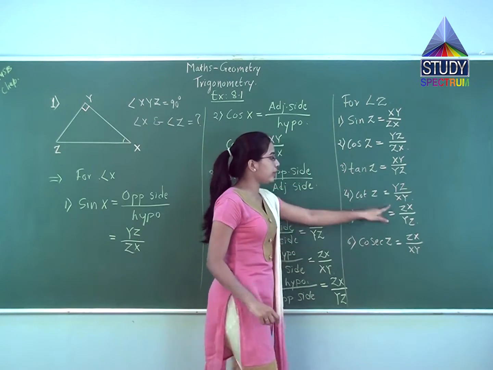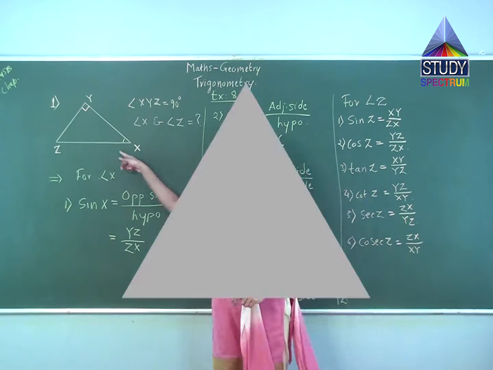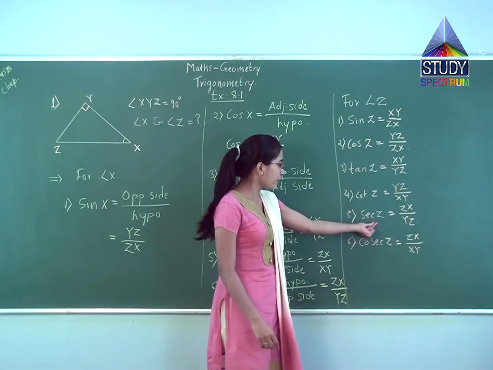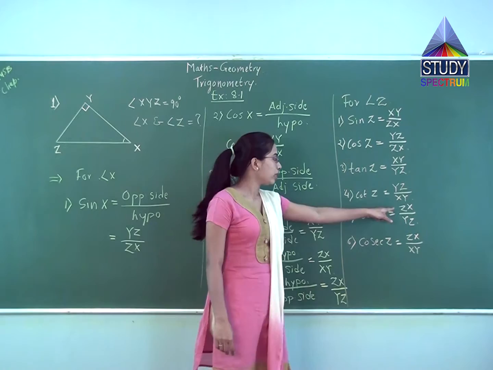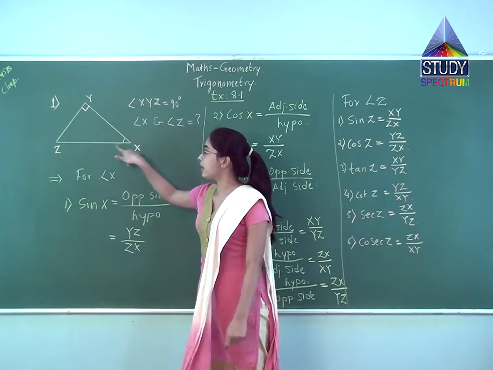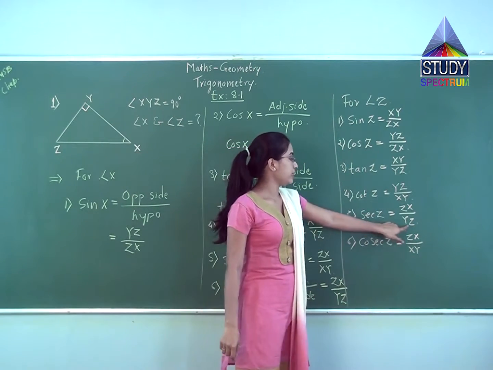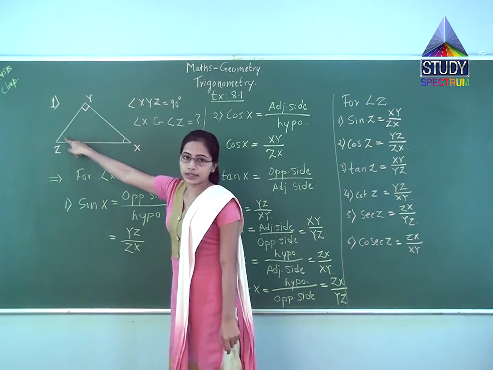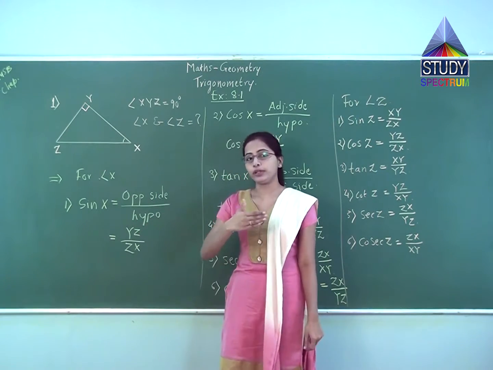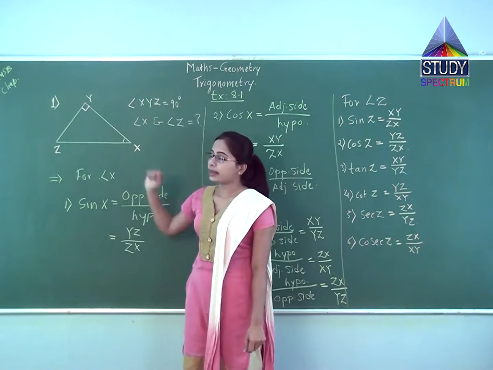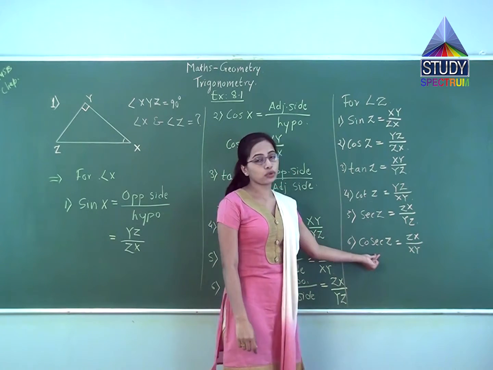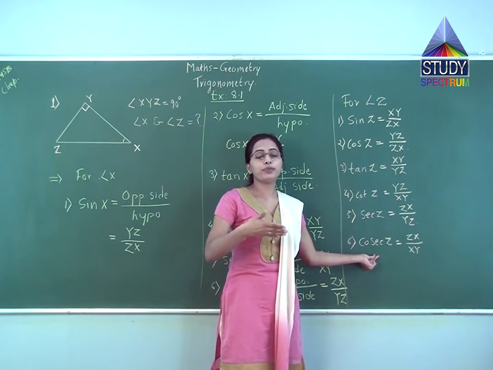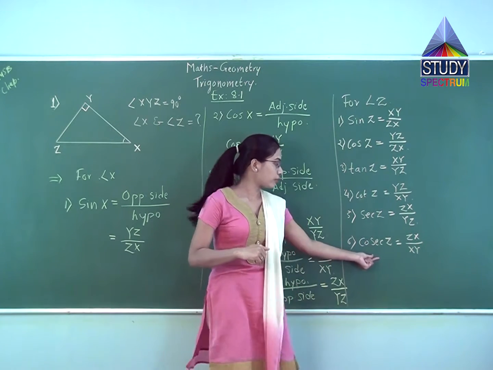ZX is the hypotenuse, and YZ is the adjacent side. That is our formula, hypotenuse upon adjacent side. Then lastly, for cosec also, what is the formula for cosec? Hypotenuse upon opposite side.